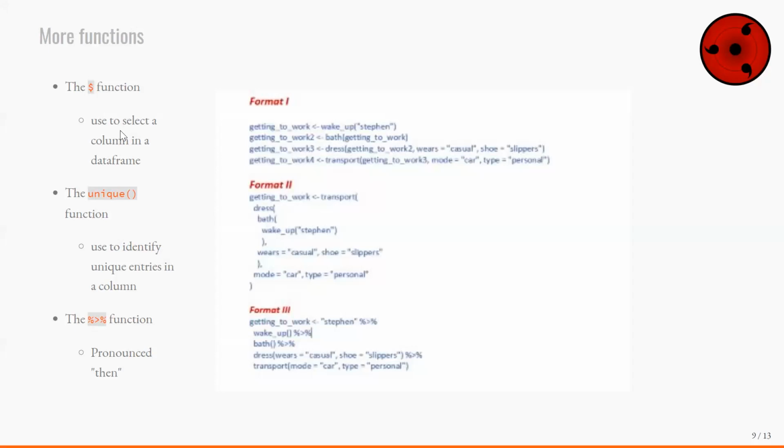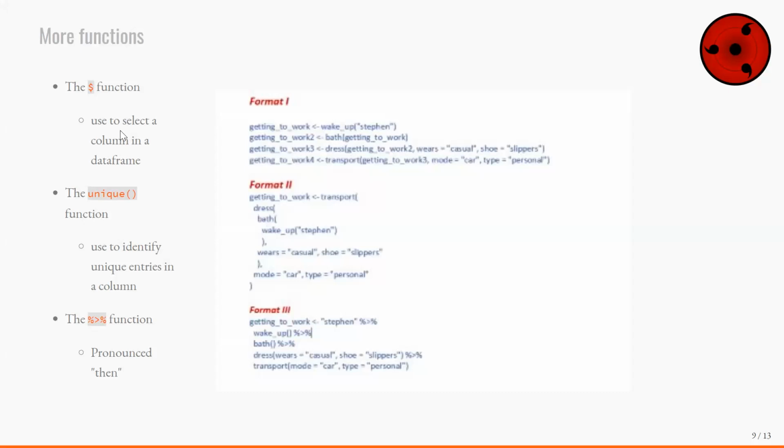If I specifically want to get only the age column, and I want to see all those ages in our demo data, I can just write demo_data$age. So on the left of the dollar sign is the name of the data you want to access. On the right of the dollar sign is the name of the column. All right? So that is the dollar function.